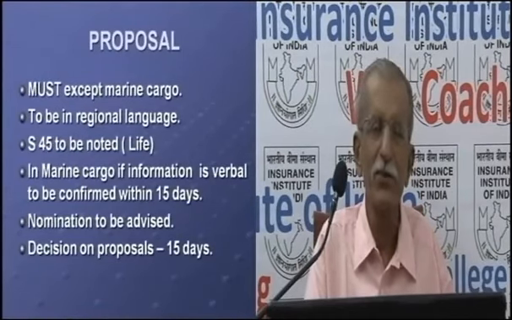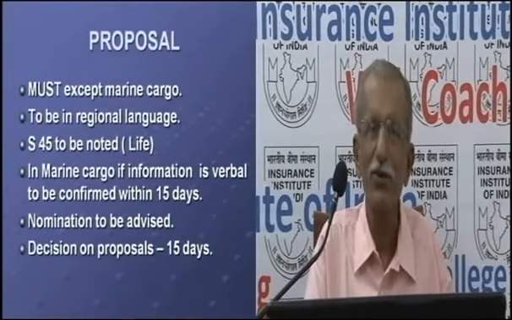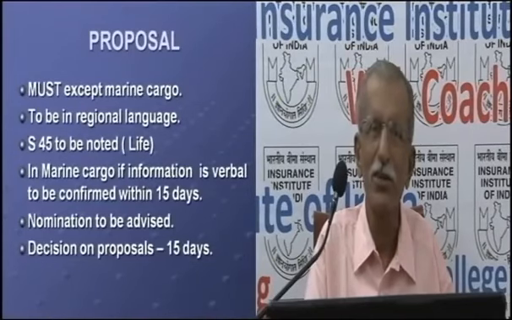Section 45 is to be noted in case of life, about the cancellation clause, the repudiation of claim clause. We saw in the prior chapter that within 2 years, if any claim arises, then the claim can be avoided by the insurance company for non-disclosure of material fact. So that is to be brought to the notice of the proposer.